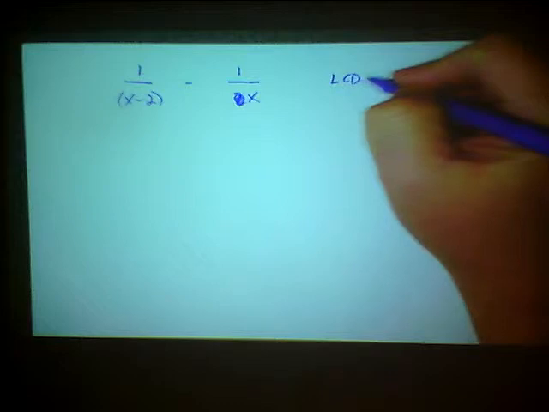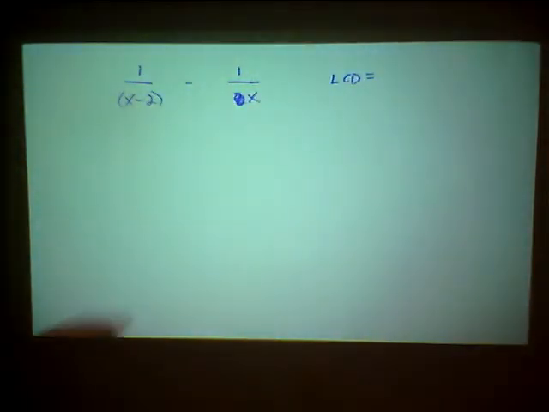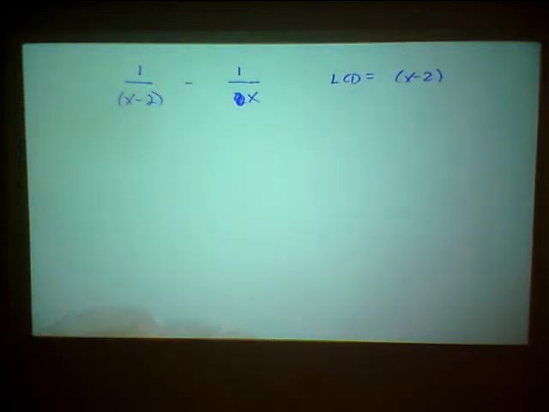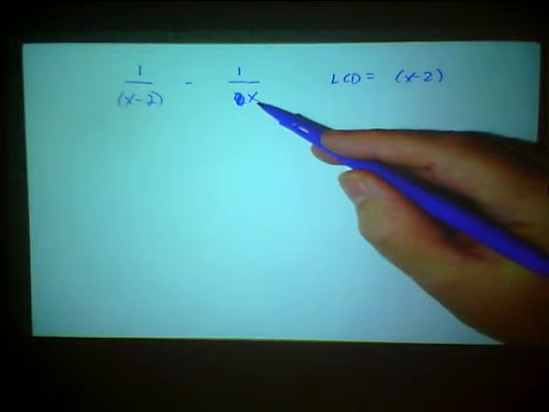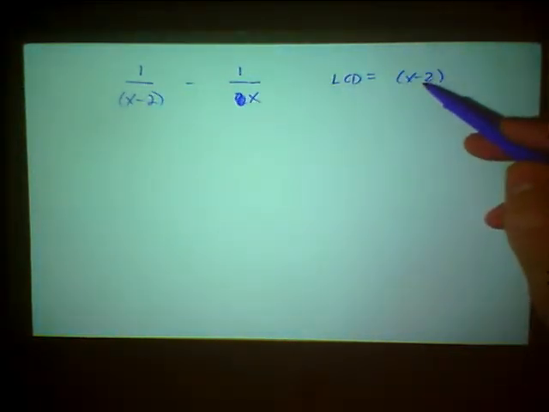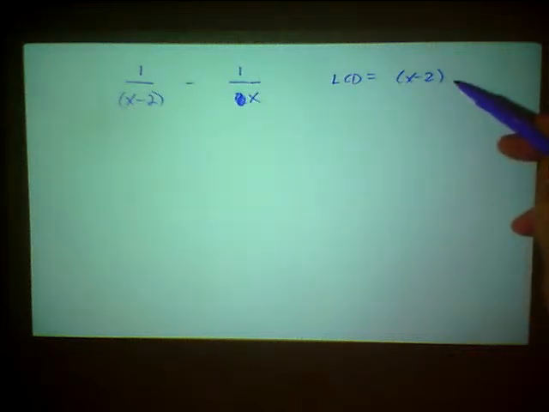And here's what I do. I do my combine but don't repeat. I'm going to write down my first denominator. And I go to my second denominator and I say I'm going to need to have an x in my LCD. And I go look at my LCD so far, and there's no x by itself as a factor.